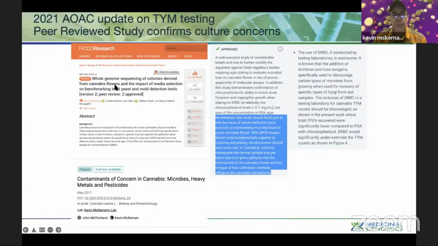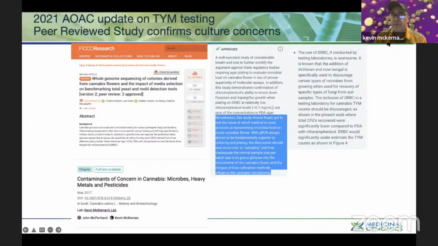We did run a study like this for Michigan, and they were concerned that we were undercalling with our total yeast and mold test. When we ran the study, we showed them we were in fact 5-fold overcalling with PCR because we pick up dead DNA. We have some tools to mitigate how much dead DNA comes through, but we also pick up microbes that can't grow on the given carbon source that they use.